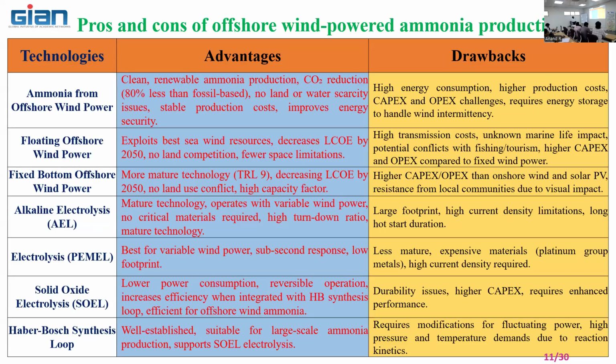So, advantages: ammonia from offshore wind power, clean renewable ammonia production, CO2 reduction 80% less than the fossil based, no land or water scarcity issues, exploits the best sea wind resources.